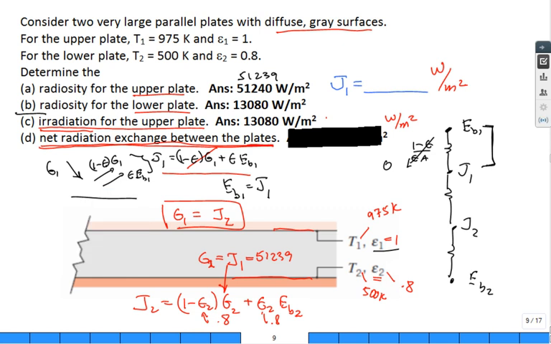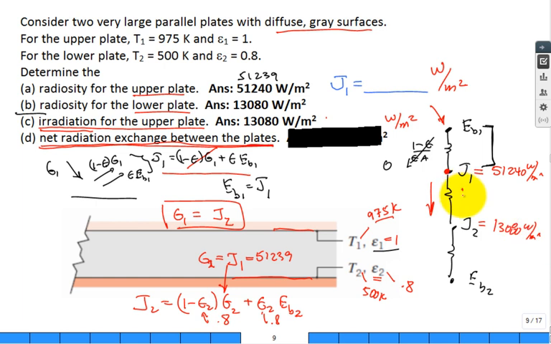All right, so let's go ahead and stop it then. There's a couple ways to do it. You can come back to this illustration if it helps you organize. What you have is the flow from 1, because it is warmer, all the way through. So what's the flow through this resistor, where we know the J1 we already calculated, 51240 watts per meter squared, and the J2, 13080 watts per meter squared.